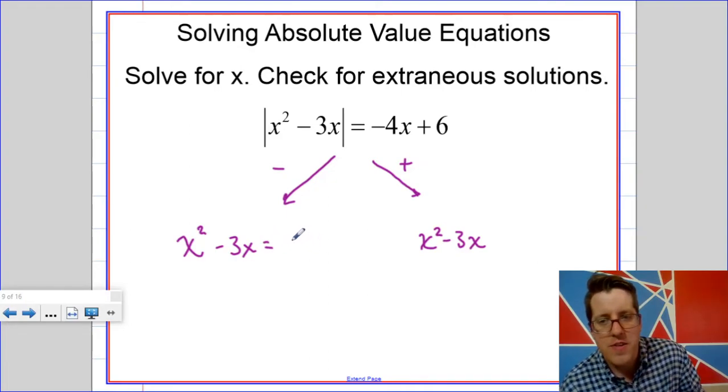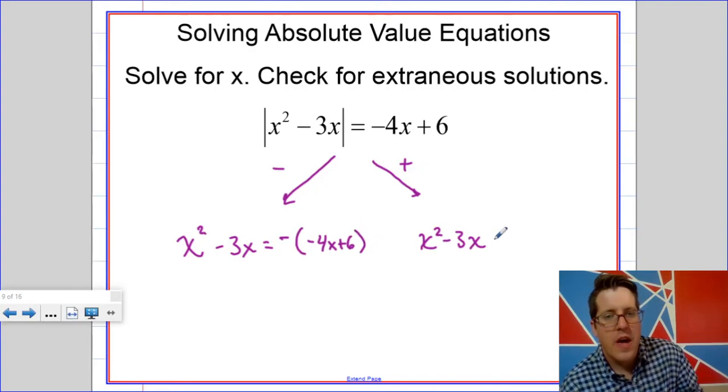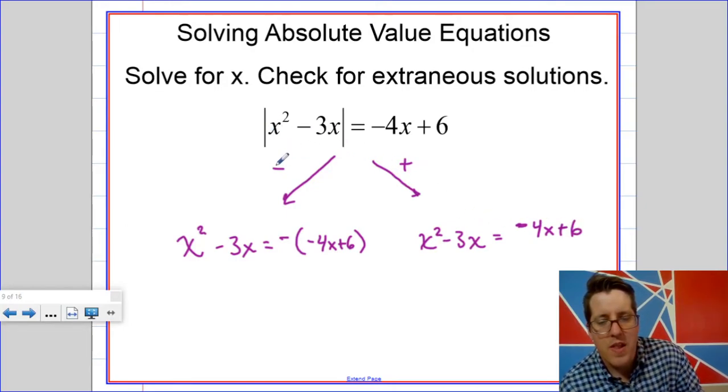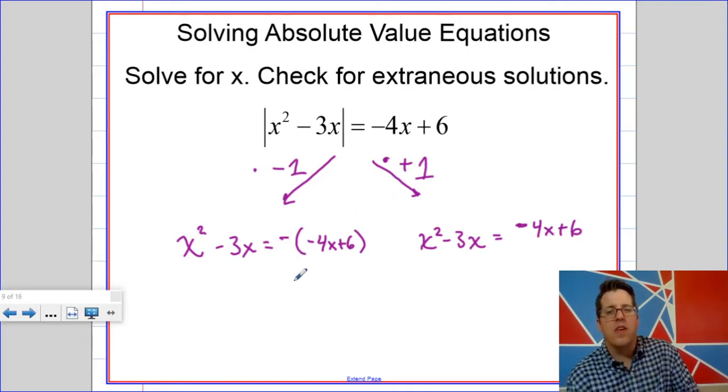On one side of the equation, we're going to negate the entire right side of the equation. And on the other side, we are going to keep the entire right side of the equation. This is the same thing as multiplying times -1 and times +1 on the right side of the equation.